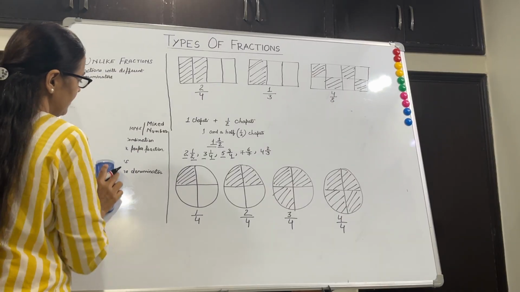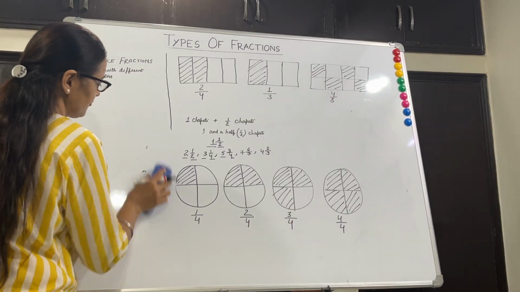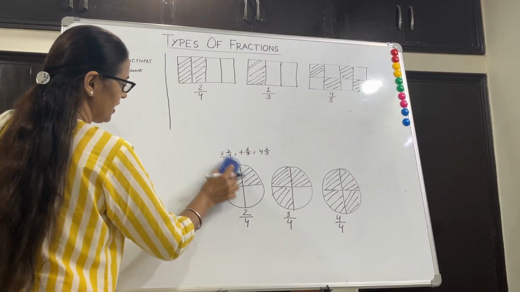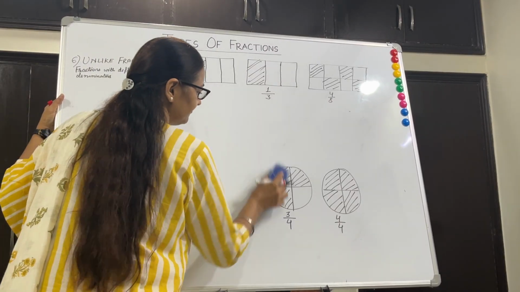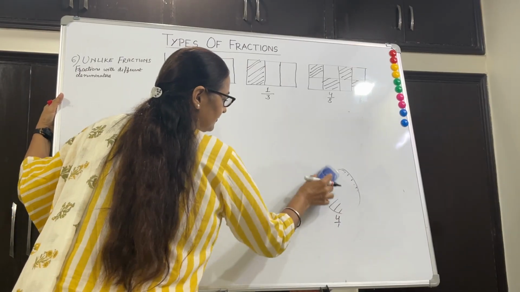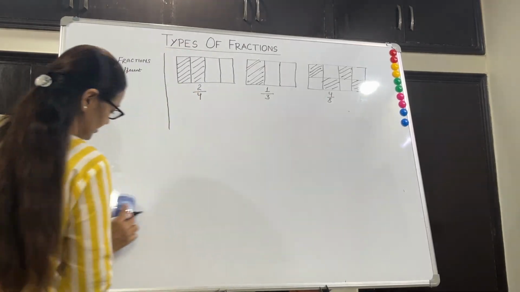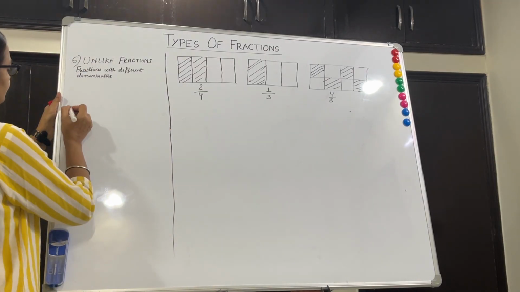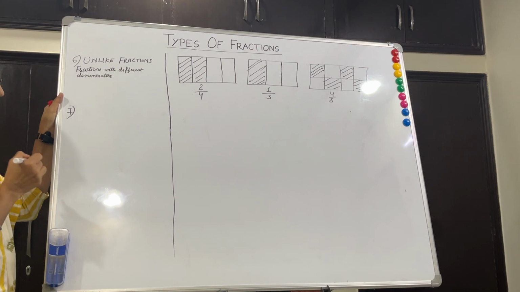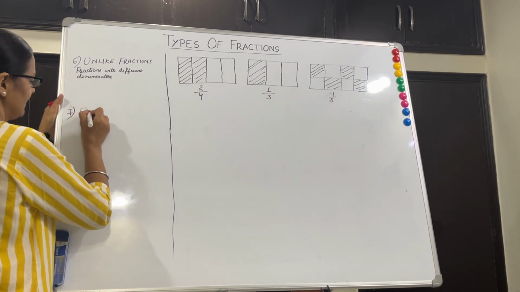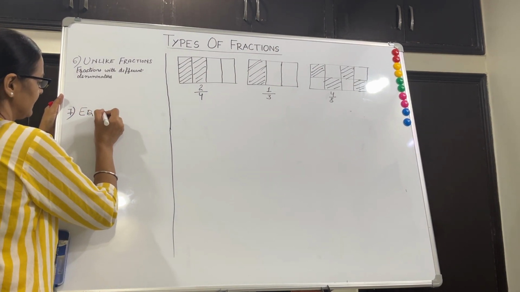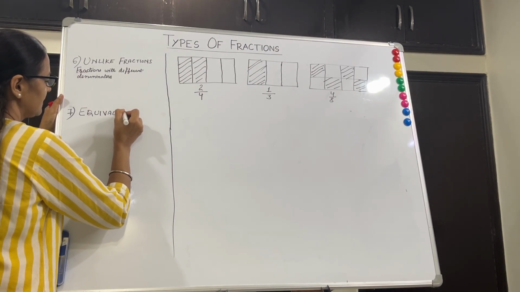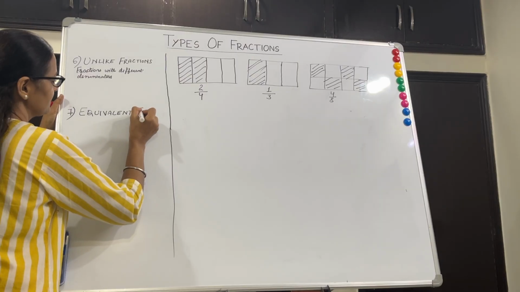Now, we have done 6 types of fractions, and next one is the last one, but a very important one, and very interesting also for you people. कैसे? अभी मैं आपको बता रही हूँ. देखो, first of all, its name is equivalent fractions.